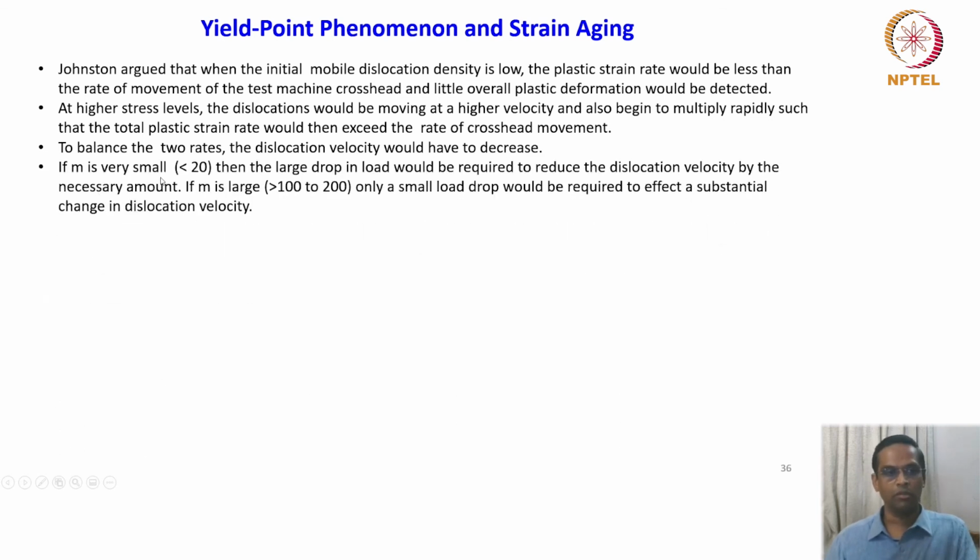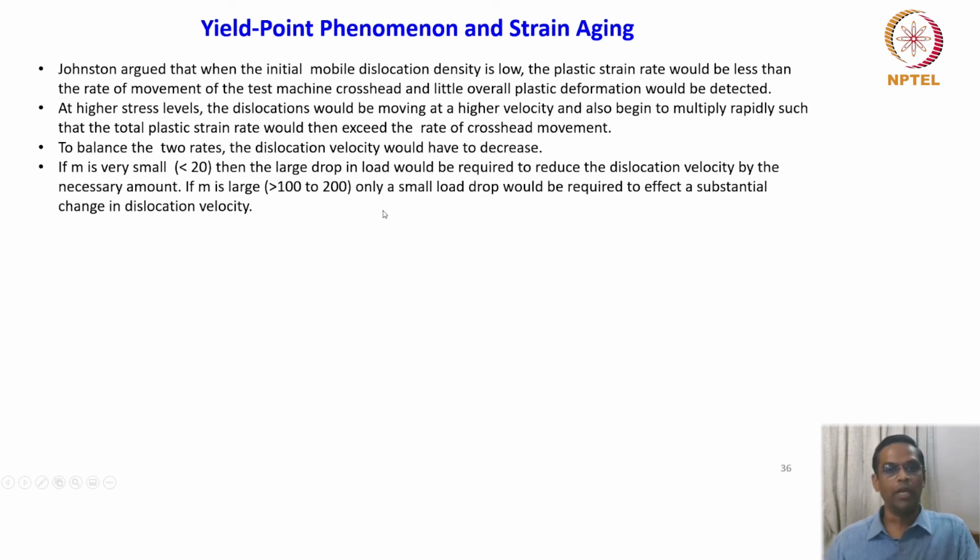So if m is very small, that exponent we have seen in the previous slide, which is less than 20, typical of ionic and covalent solids, then a large drop in the load would be required to reduce the dislocation velocity by the necessary amount. If m is large, greater than 100 to 200, which is typical of FCC types of metals and materials, only a small load drop would be required to effect a substantial change in dislocation velocity.